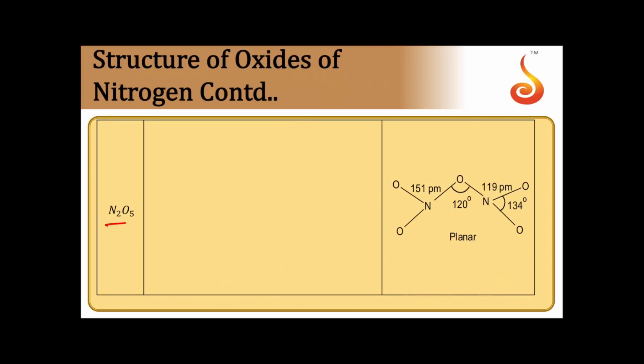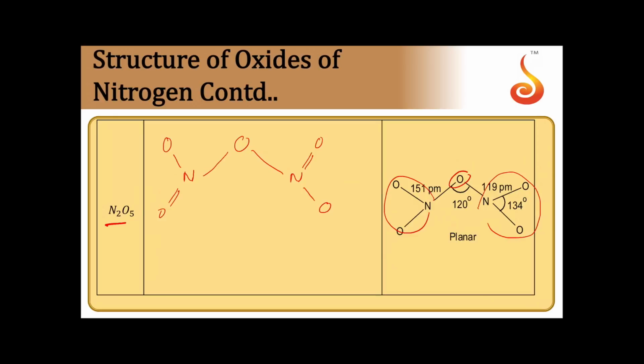Then coming towards the N2O5 molecule, this can be considered to be two NO2 units joined together through one oxygen atom. So this is one NO2 unit, and one NO2 unit here. Two units of NO2 are joined through one oxygen atom. So we have one oxygen atom, and on both sides we have NO2 units, meaning nitrogen here with one double bond O and a coordinate covalent bond O. Similarly, one nitrogen here, one coordinate covalent bond O and a multiple bond here now.